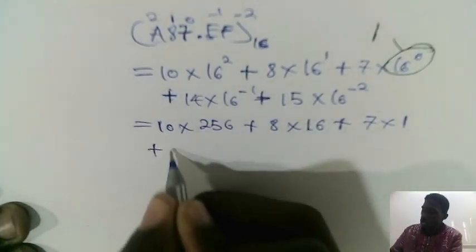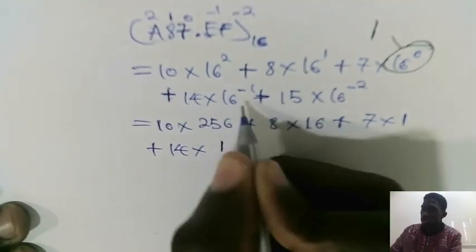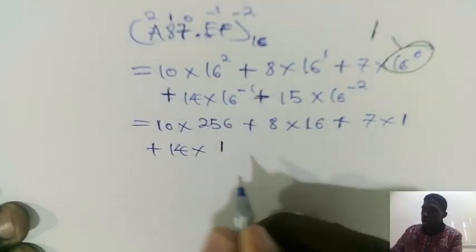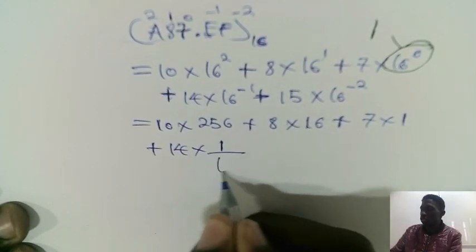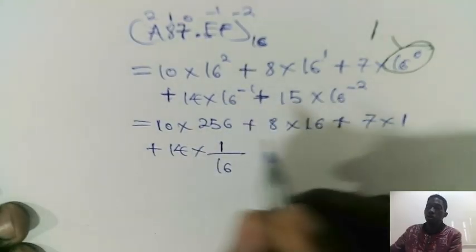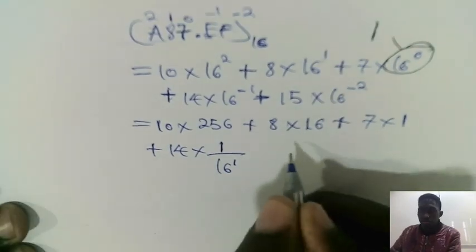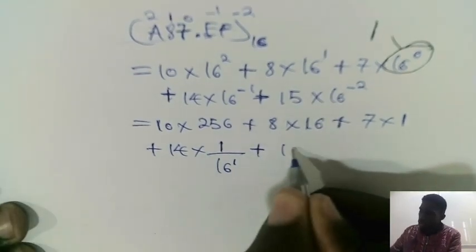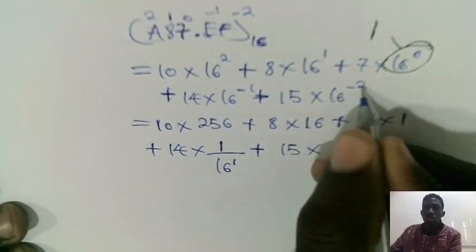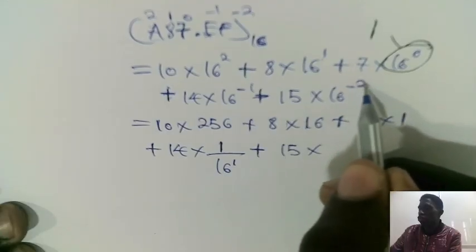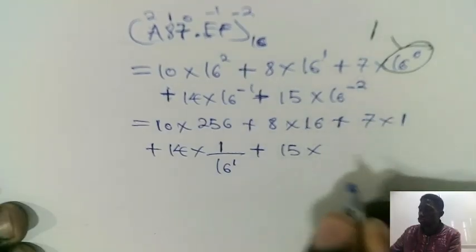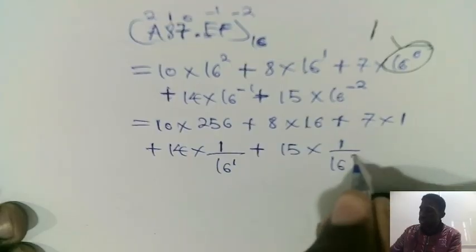Okay, so plus 14 times, as usual, when we come across a negative power, we say 1/16 to that power without the negative sign. Without this negative sign, that's 1. And plus 15, the same thing again, but this time around it is 2. 16 to power -2 is 1/16 to power 2.